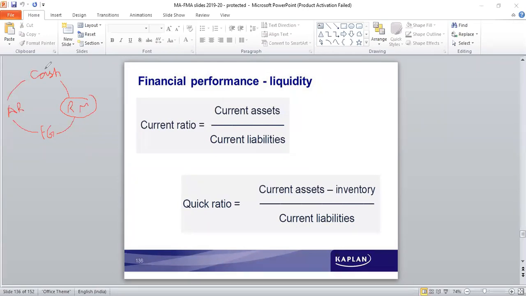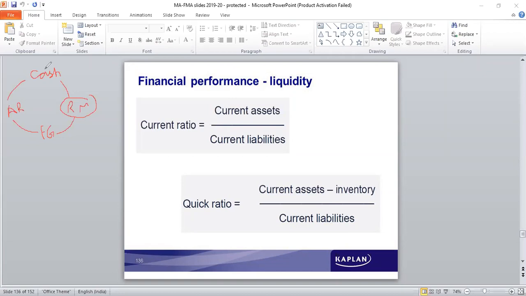So what are the quick assets? Quick ratio is equal to quick assets by current liabilities. Every other asset is a quick asset other than two items: one is inventory, another is prepaid expenses. When there are no prepaid expenses, it's only the inventory which is deducted from current assets.